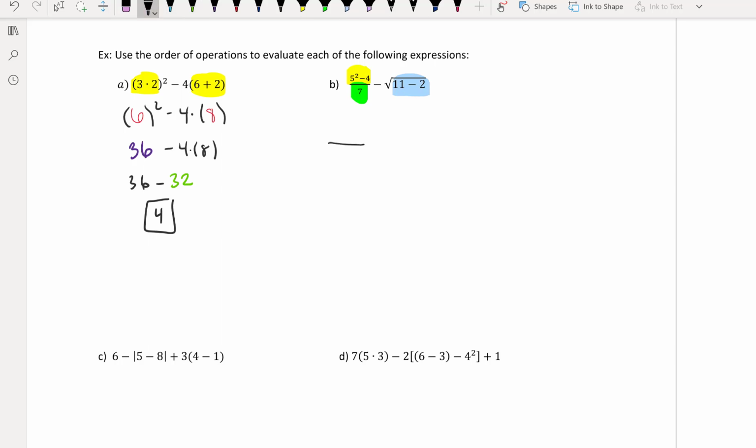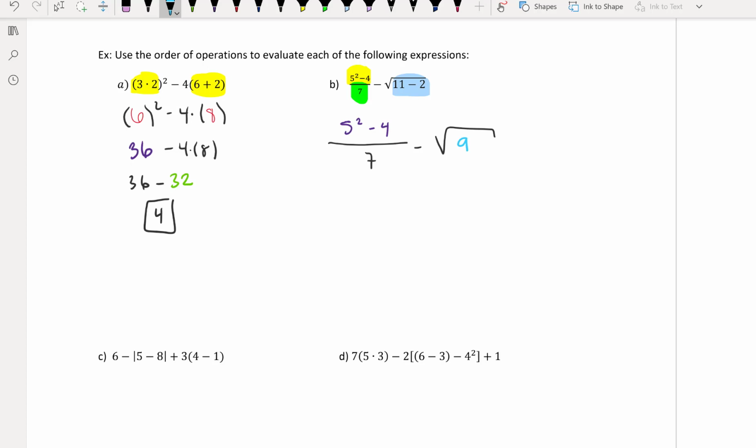If I'm thinking about my numerator, I'm going to write that in one color. That's going to be my 5 squared minus 4. Down at the bottom, I have 7. That's not going to change. And I also have the square root, and now I can simplify the 11 minus 2. 11 minus 2 is going to give me 9.